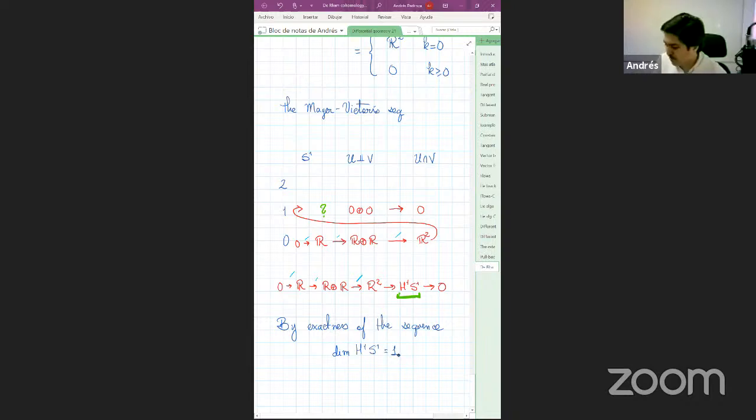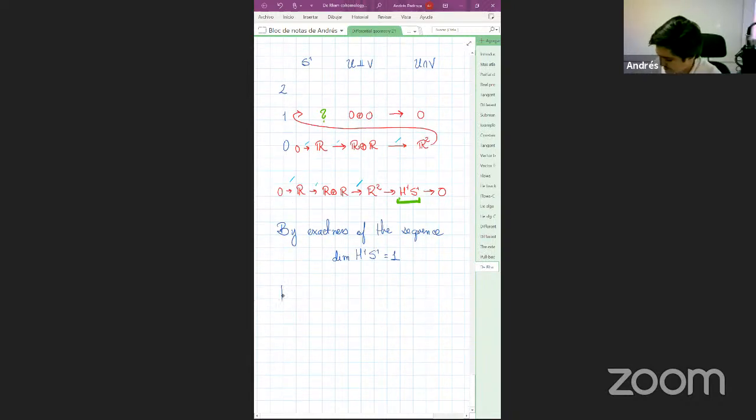Okay, so now you know the cohomology of the circle.